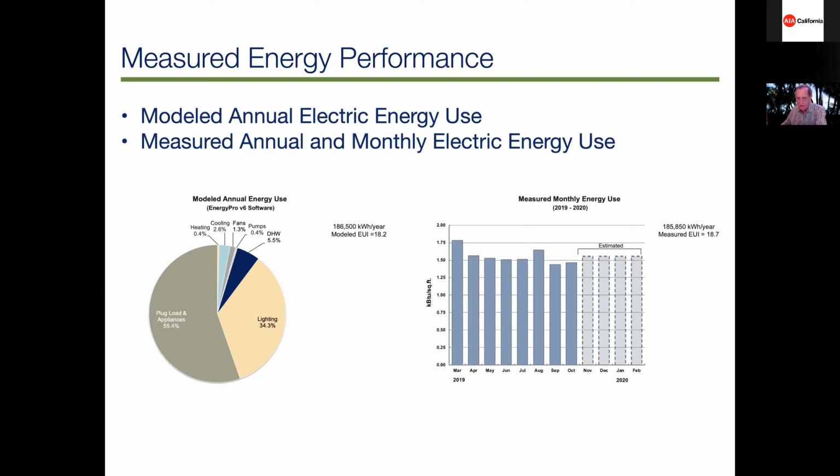But you can see that the loads are pretty flat. Every month is about the same. And the measured EUI was 18.7, and the modeling showed 18.2. So they did actually make it in terms of the modeling. If the PV produced enough, they would make zero net energy.